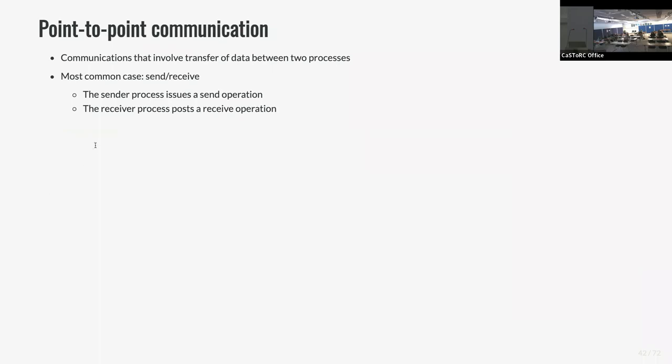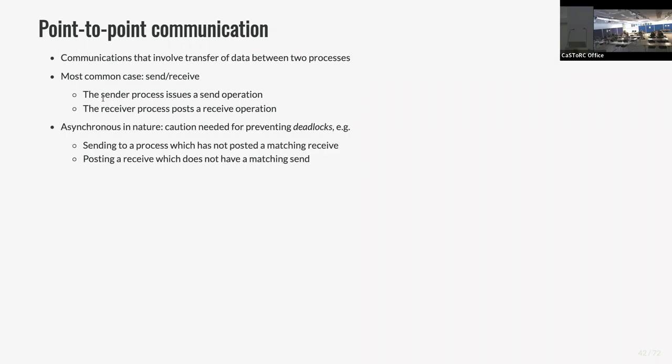So the most common case is sending and receiving data. The sender process issues a send operation to send some data to another process. The other process that expects to receive the data also needs to issue a receive operation.